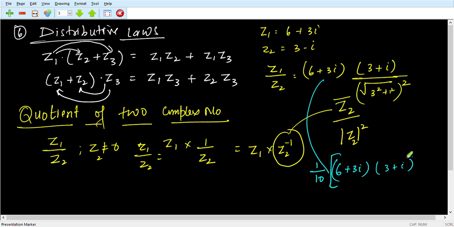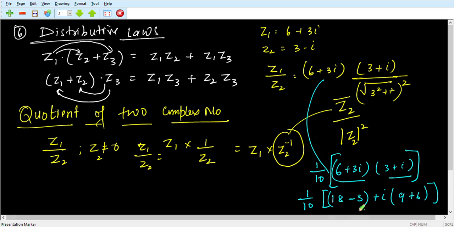So we can simply multiply these two complex numbers as we have done in the earlier concept. So 1 upon 10 is equal to 18 plus minus 3 plus iota 9 plus 9 and plus 6.